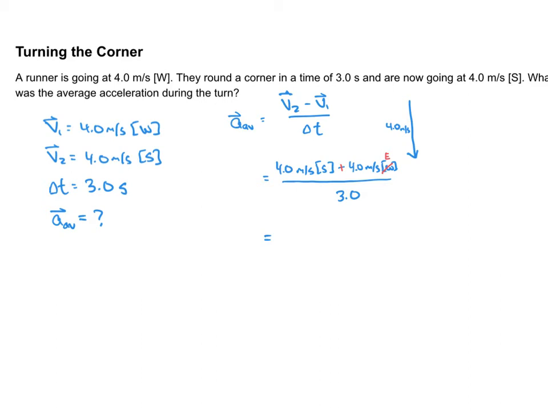So I'll add that in the east direction. Okay. So I'm doing the tip to tail method, actually, method 1 from the notes, which works pretty well if the two vectors are just perpendicular to each other, because then we can just use the Pythagorean theorem.